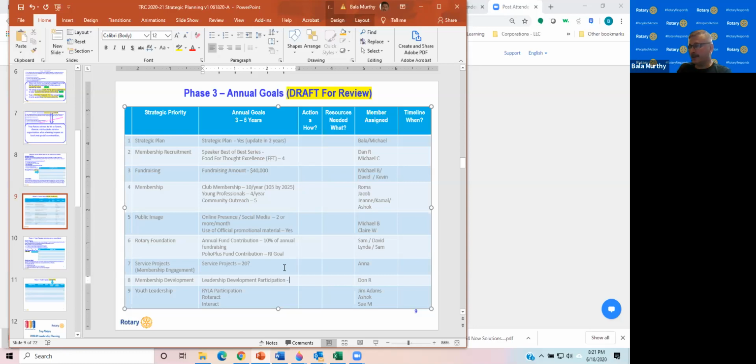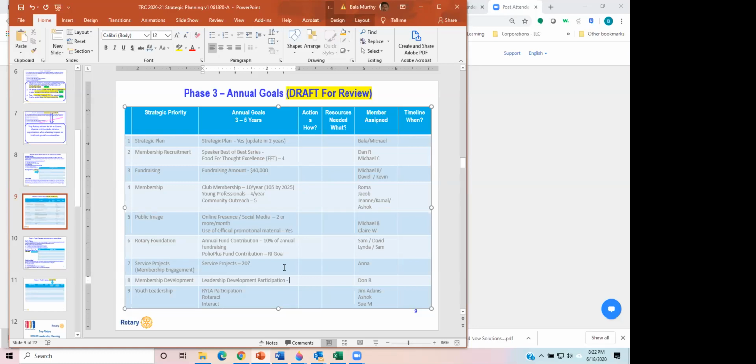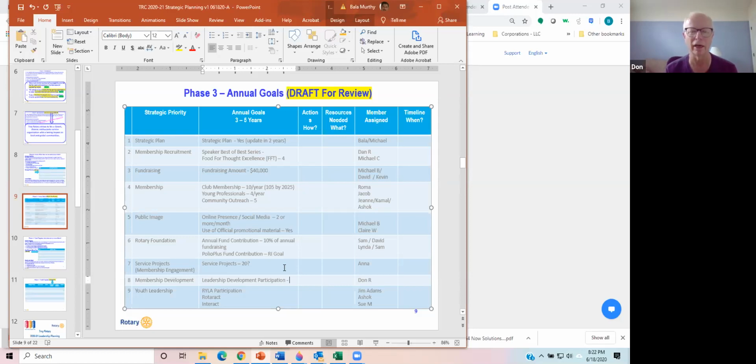Leadership development participation. How many members do we think we can engage in this participation? Well, I think we can engage virtually the entire club. I'm thinking about 4 programs a year. Okay. If everybody gets out the current edition of the Rotarian, the June edition, and looks at pages 16 and 17, there are over 80 courses that RI offers online now.